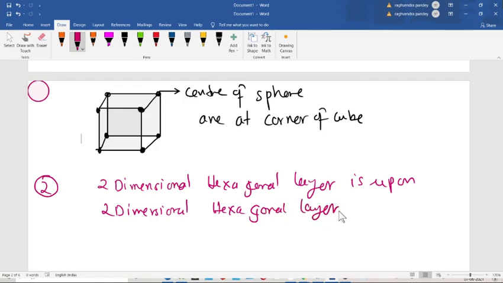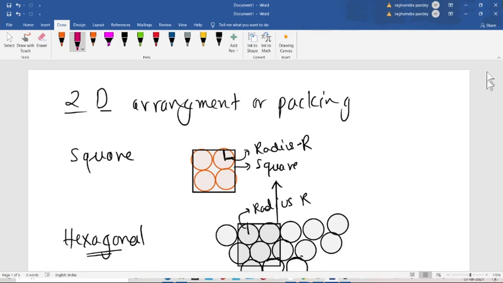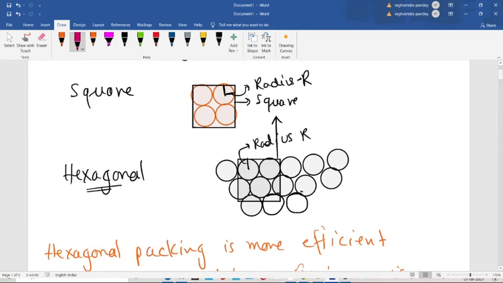So there is a two-dimensional hexagonal layer like this. Then we again make a second hexagonal layer and we stack this and it goes on like this.